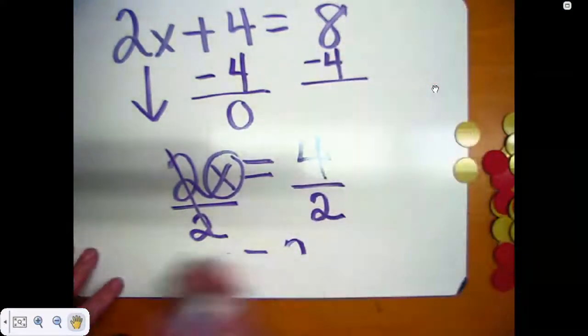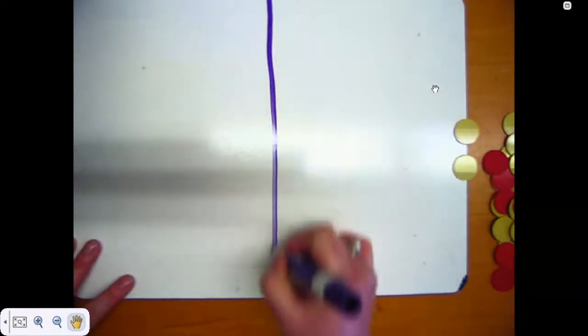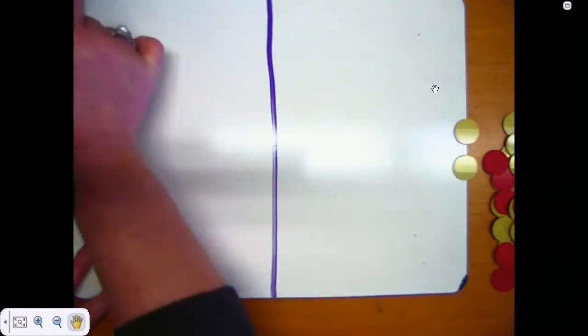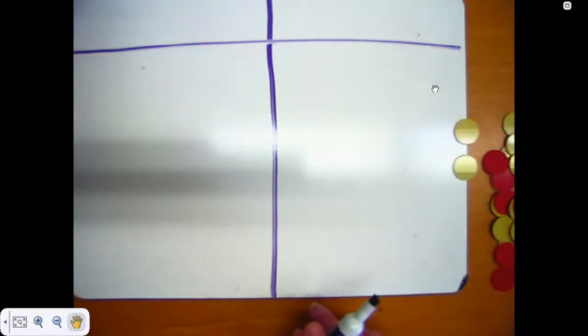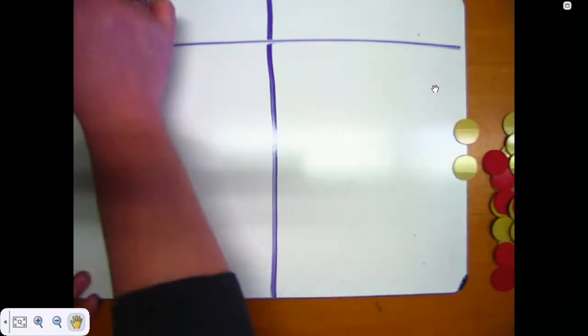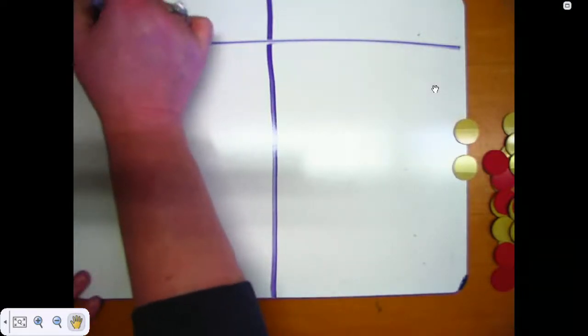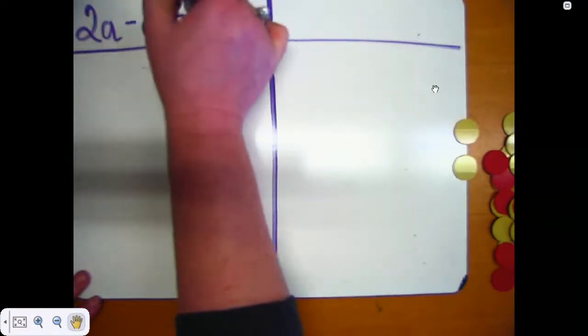Okay, let's try another one. This time I'm going to split my board in half so I can write the variable on both sides, and so I can model it with cups and chips on one side and then do it with numbers on the other side. So this time we're going to do 2a minus 6 equals 2.